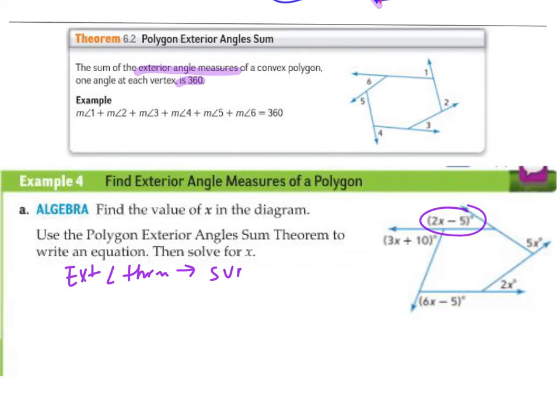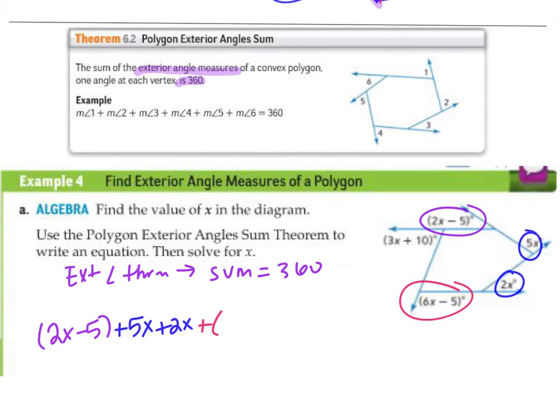So sum is 360. Okay, so now just take all of these and add them together. 5x and 2x. And we got 6x minus 5. So I'm just taking each individual exterior angle, adding them together to get that sum of 360.